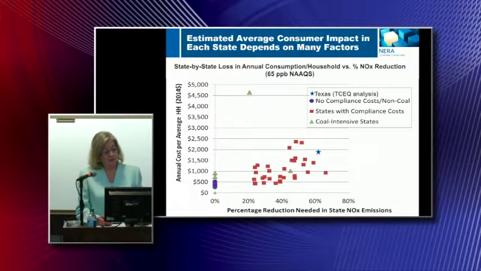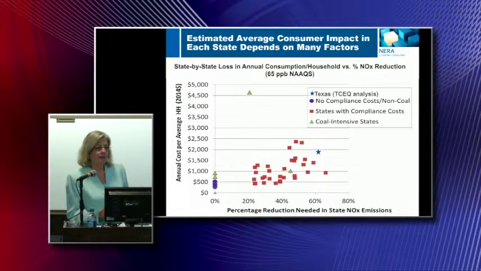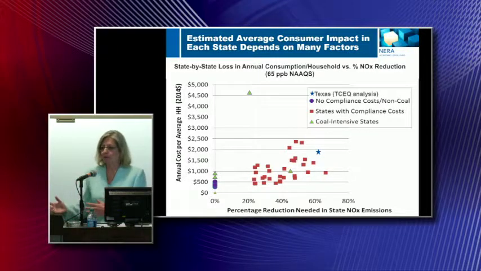Those are states that are projected to be in attainment, and EPA did not assign them any emissions reduction costs to help some other state get into attainment. And you can see they bear a cost. It's not as high as the costs of the states that are bearing costs, but they are not getting a free ride, and they're not benefiting in an aggregate way from the misfortune of the other states that are bearing these costs.